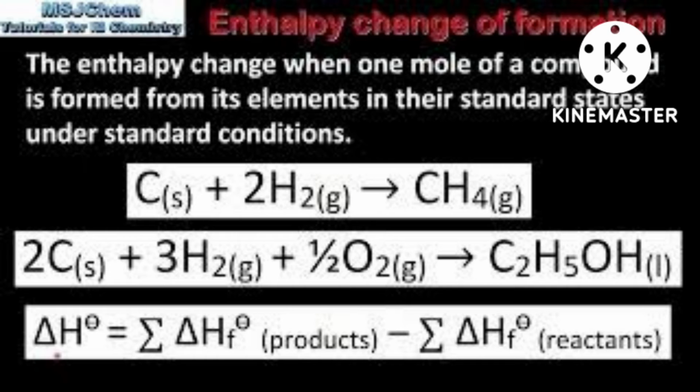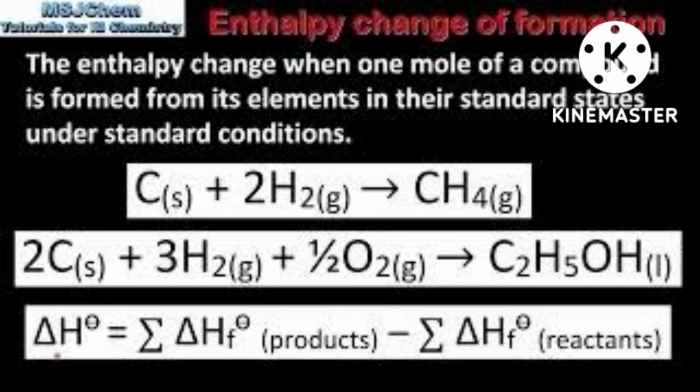So three things are there: carbon solid, hydrogen gas with a small g, and half O2, which is gas, correct? Then what will it form? Carbon is there, hydrogen is there, oxygen is there.